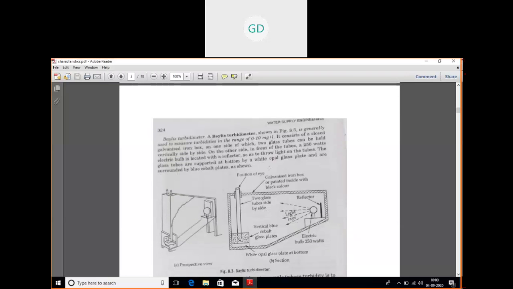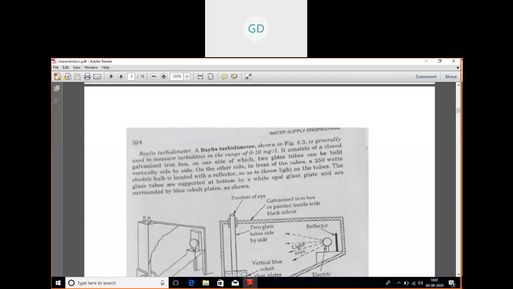Next is Bailey's turbidimeter. Bailey's turbidimeter, you write down, and you write the range.